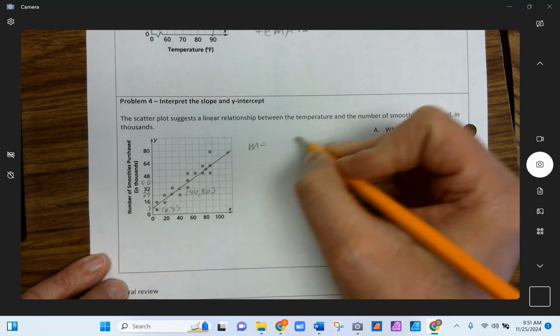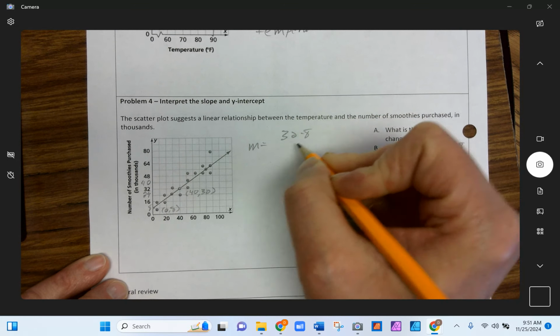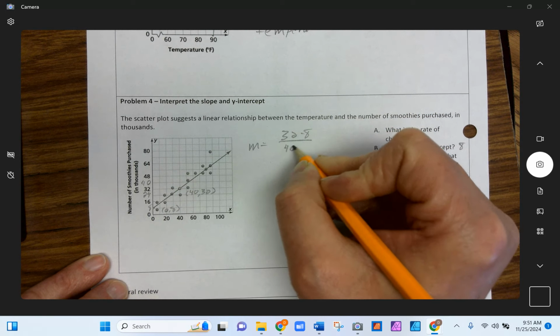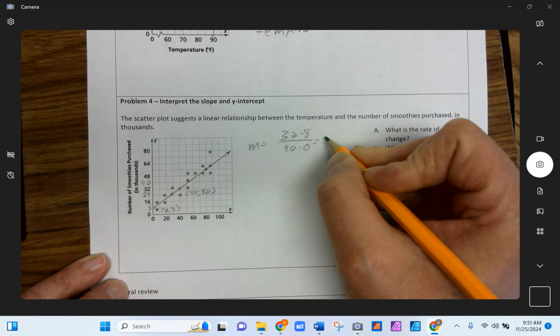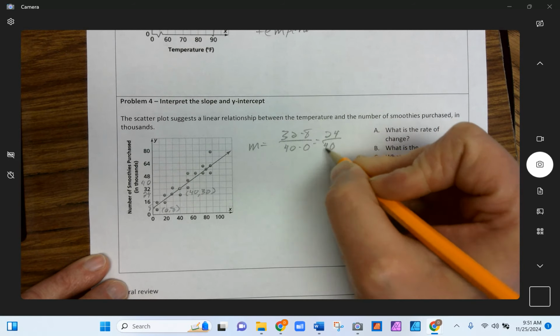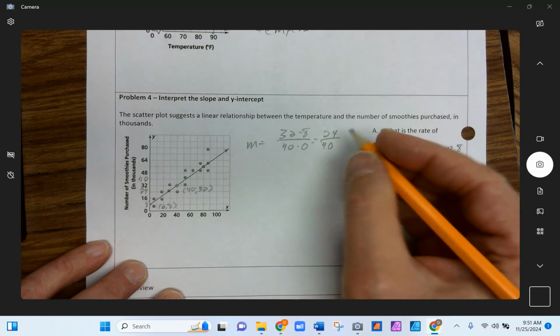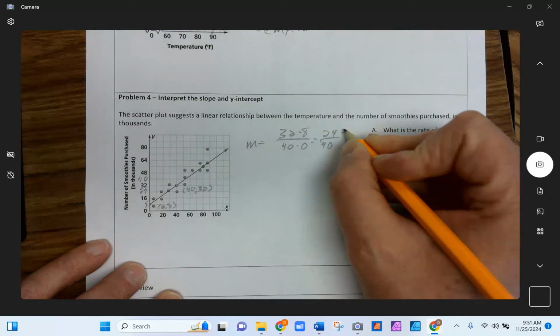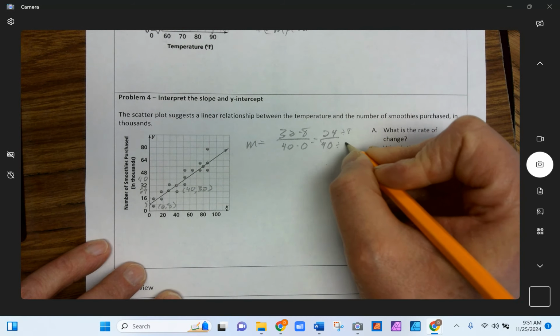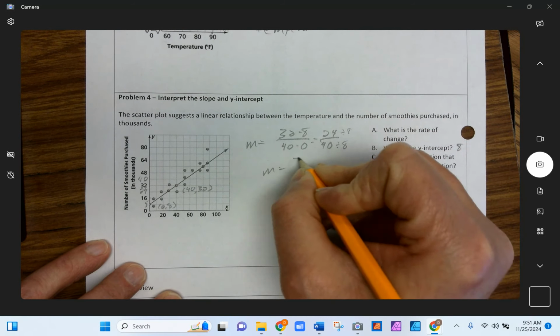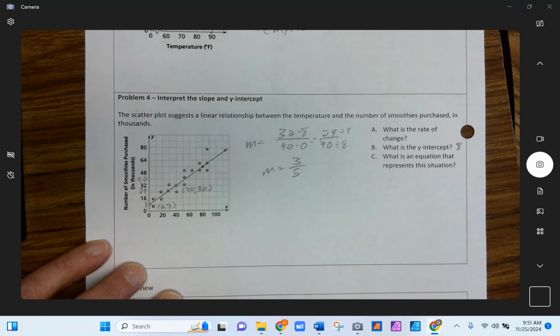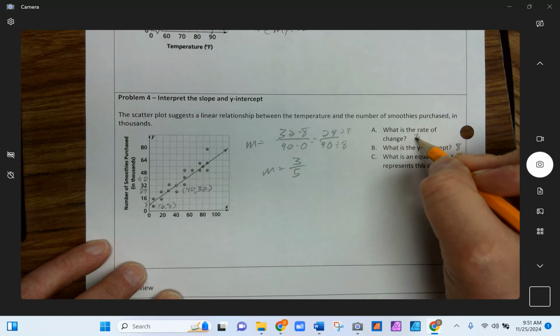So m equals 32 minus 8, and then 40 minus 0. 32 minus 8 is 24, divided by 40. So we can divide each of these by 8 to simplify, and so we get a slope of 3/5. So that's our rate of change.